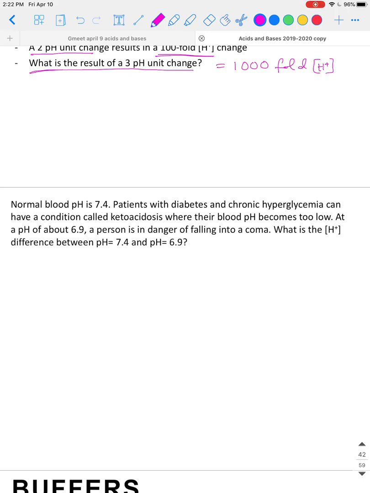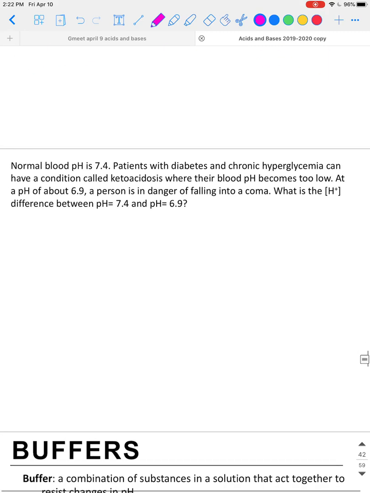We have a problem that says this. Normal blood pH is 7.4. Patients with diabetes and chronic hyperglycemia can have a condition called ketoacidosis where their blood pH becomes too low. At a pH of about 6.9, a person is in danger of falling into a coma. Yikes.